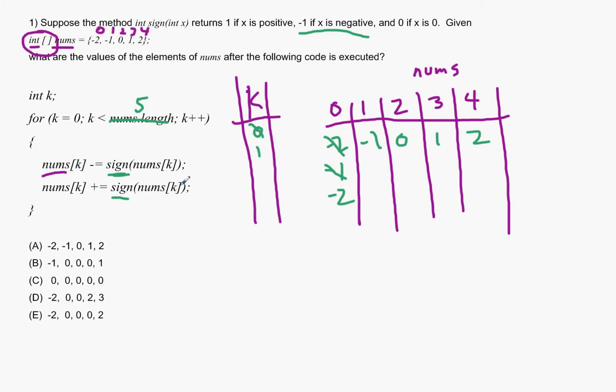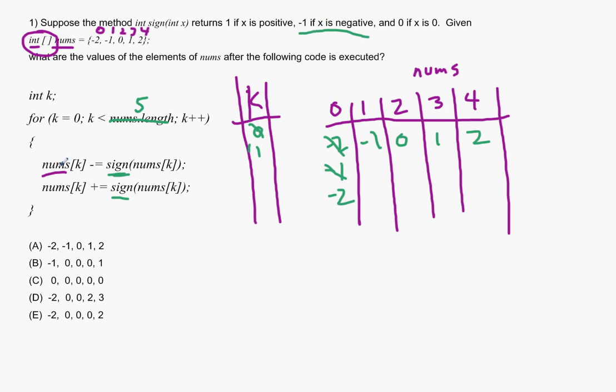Okay, so k is going to be 1 through this block in the for loop. And so it looks like I'm going to do all my work right here on this value. Okay. So num sub 1 is going to be equal to a negative 1. That's going to return a negative 1 from the sine function.